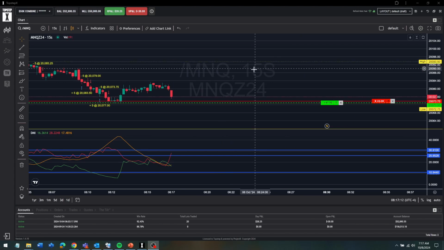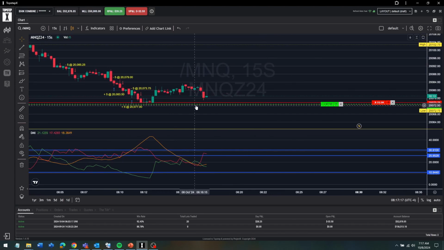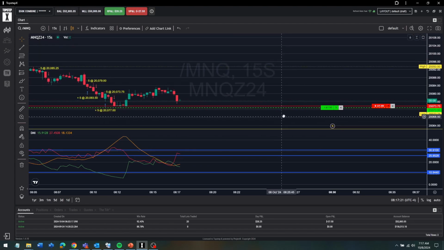Just been adjusting my high and low indicators because they tend to obscure where the actual profit margin is.